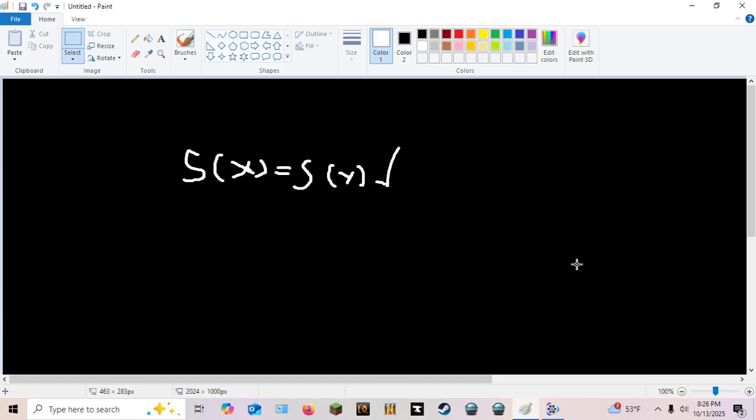Let me demonstrate using numbers. Let's make up the numbers. So x is equal to 2. That means x is 2 and y is 2. That means x is equal to y. So let's plug in those values.